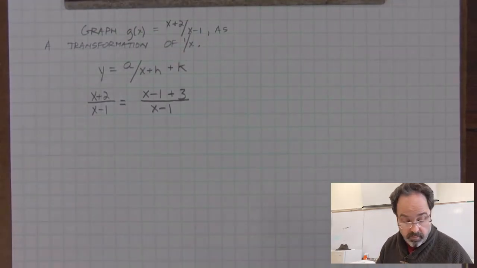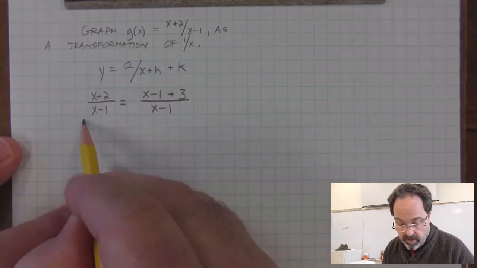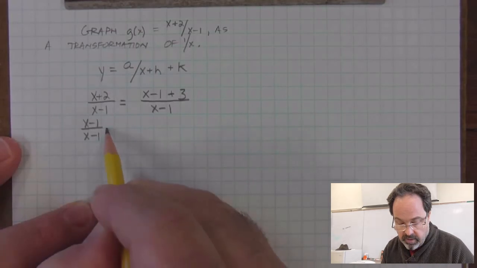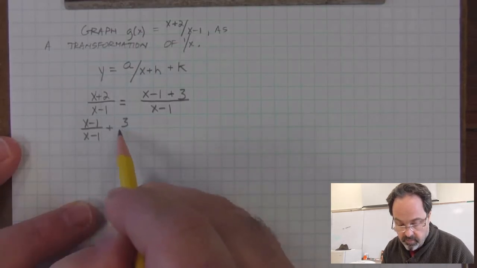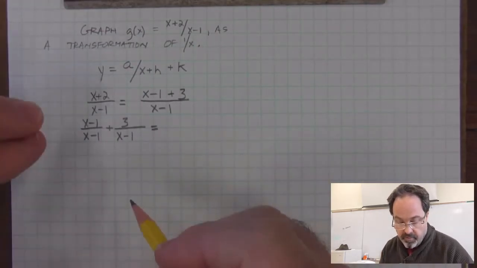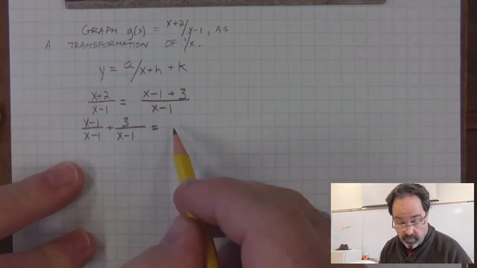Why would I do that? Because I can break this up now into the x minus 1 over itself and the 3 that is still being divided by x minus 1. I've done that because this portion can now turn into an integer, 1.